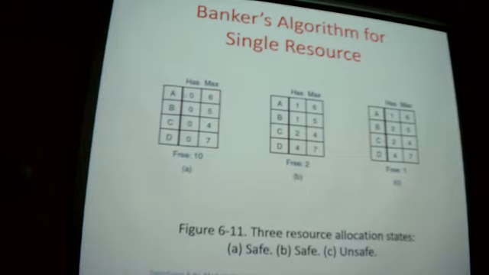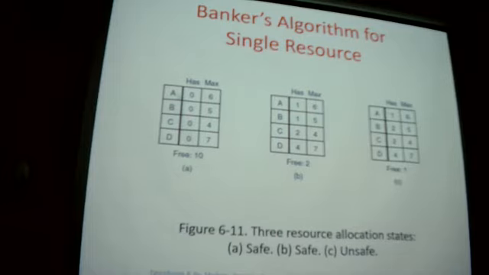Great. So customers represent processes in an operating system. There are 1, 2, 3, 4 customers, so 4 processes.